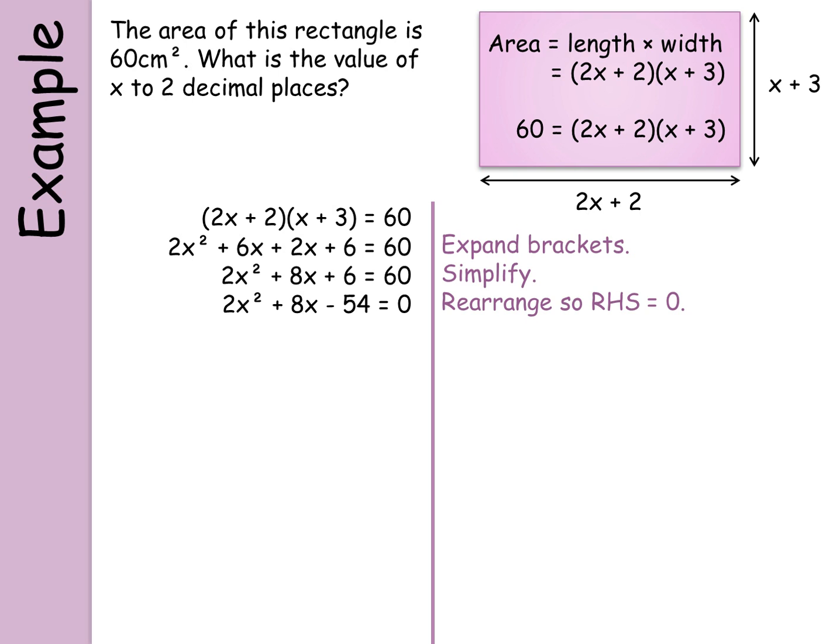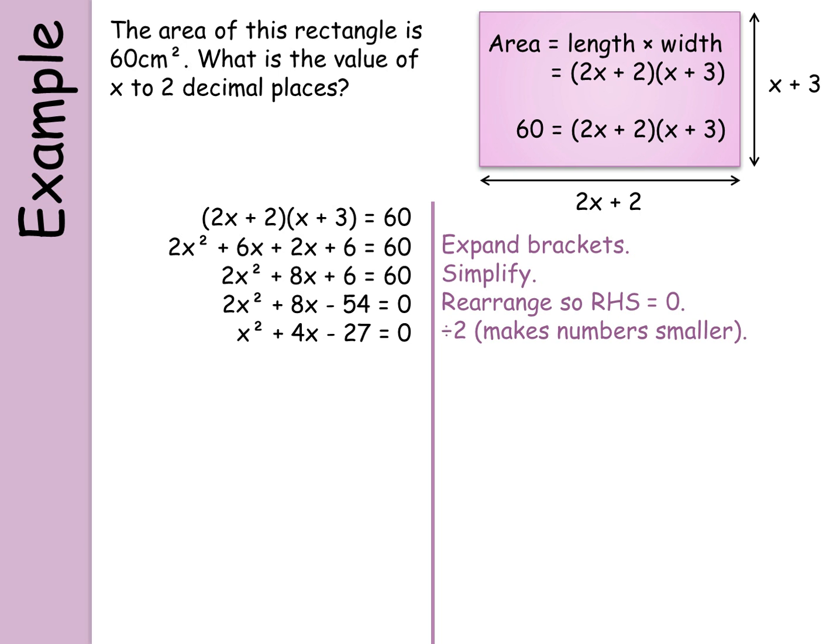I've now got a quadratic with everything on one side and the other side equal to 0, so I can use my quadratic formula. Before I do that though, I'm going to halve the entire thing, so divide everything by 2. You don't have to do this, but it will make the numbers smaller and easier to deal with.